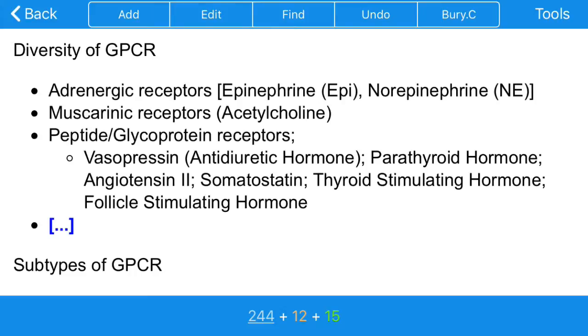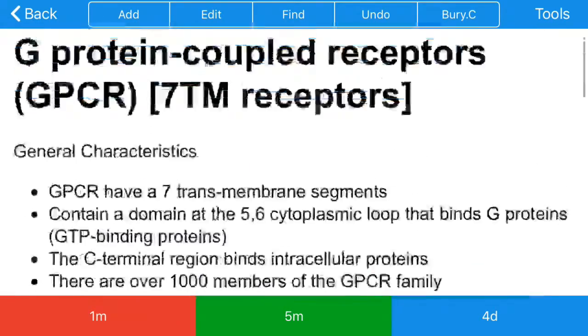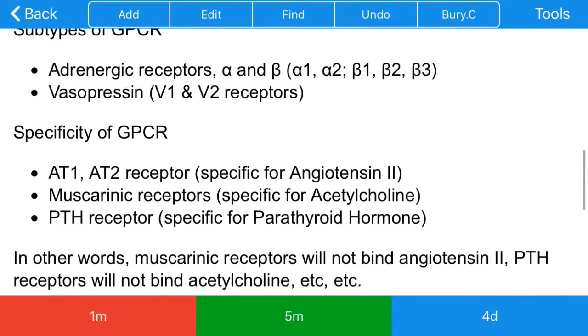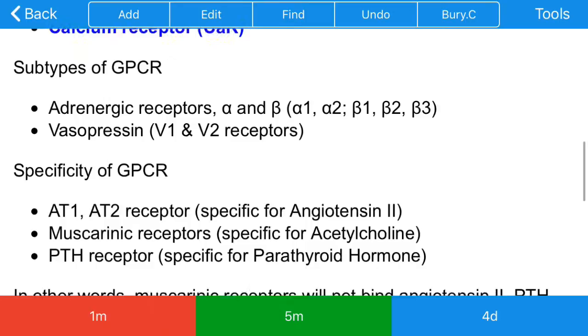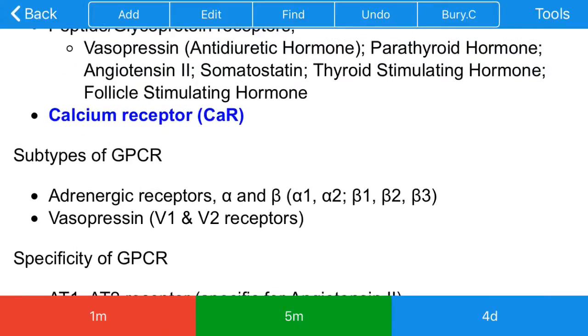Right, and this is the alpha. It's the alpha part of the parathyroid hormone receptor that's messed up. No, calcium receptor. Okay. Adrenergic receptors. Alpha 1, alpha 2, beta 1, 2, and 3.